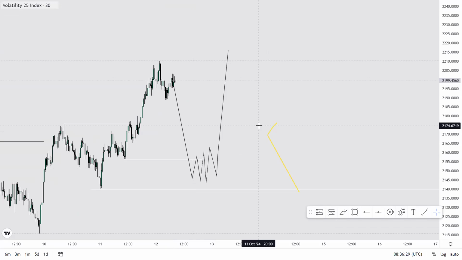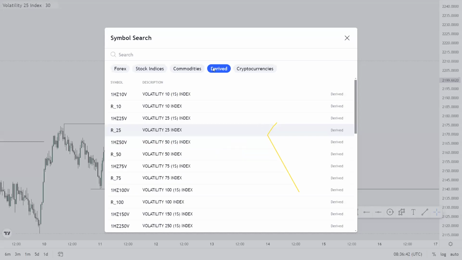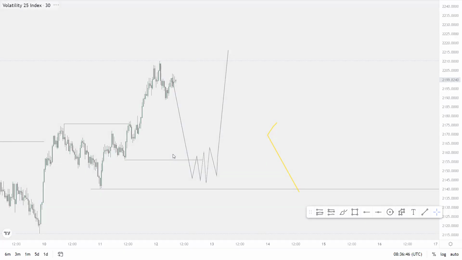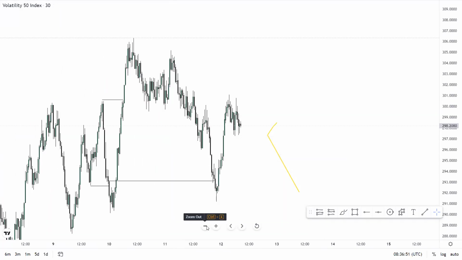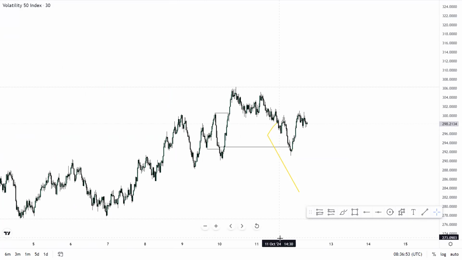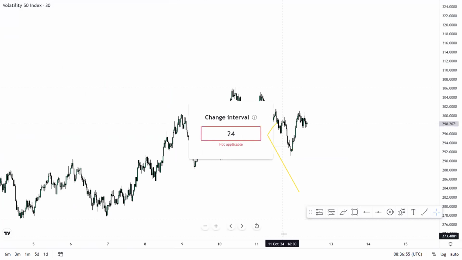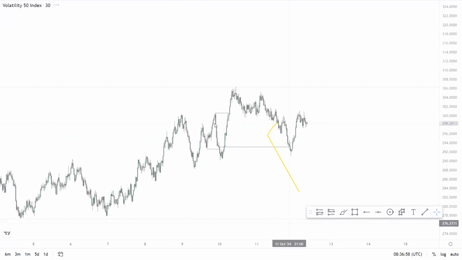So we're going to be analyzing volatility 50. Let me just analyze volatility 50 and we're done for the day. This was just my markup this morning, but let me start from the 24 hours.